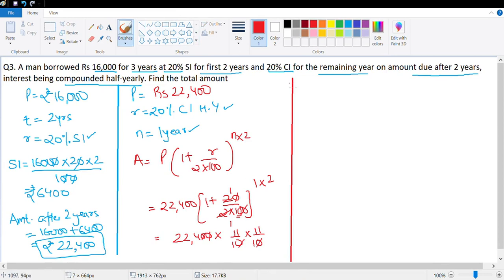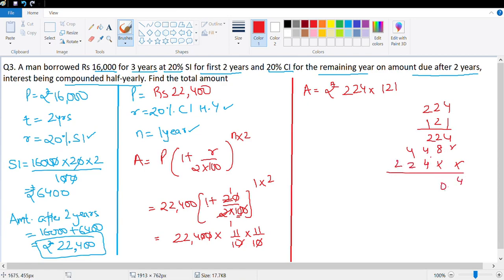amount is equal to rupees 224 multiplied with 11 into 11, that's 121. Let's go ahead and do this calculation. 2 to 4, 1 to 1, 4 to 2, 8, 4, 4, and 4 to 2.